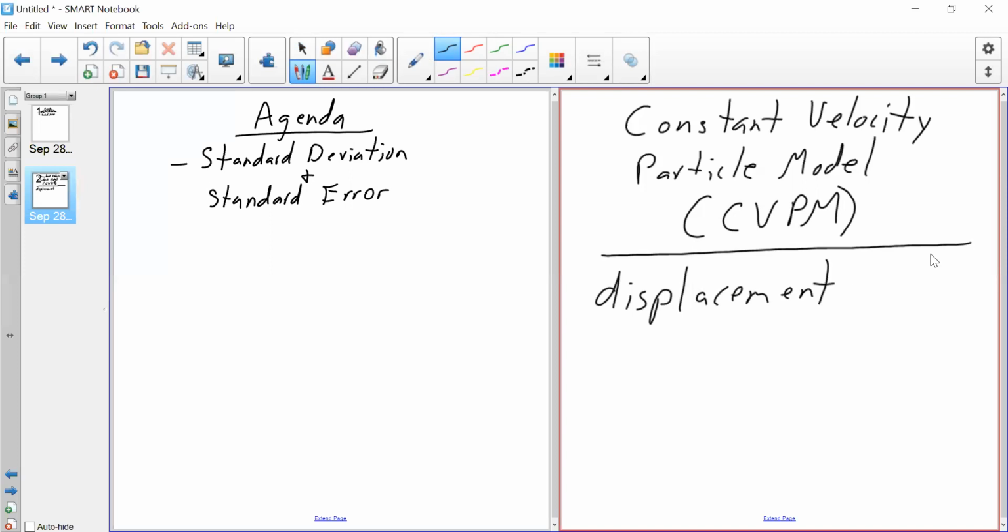I'm not going to redefine it here, but we gave it the symbol delta x. If we wanted to find displacement, it would be the final position minus the initial position. And the unit of displacement is the meter.